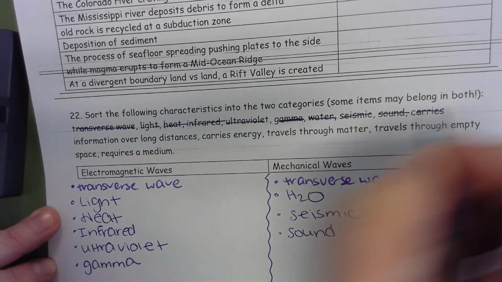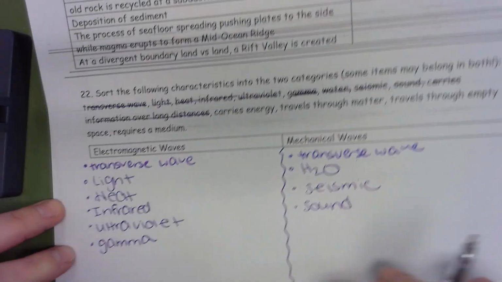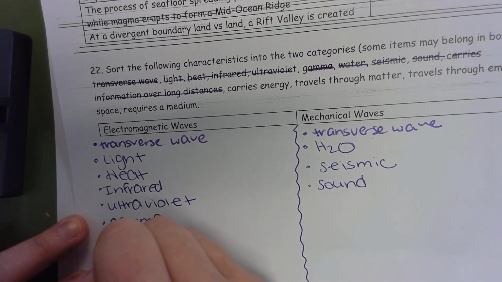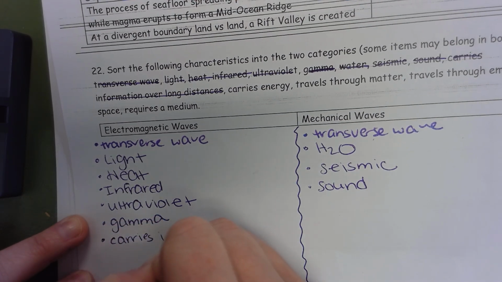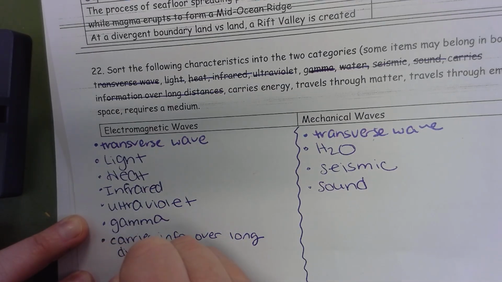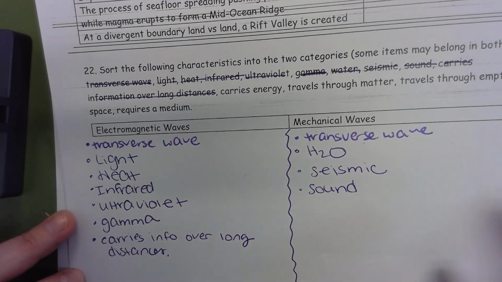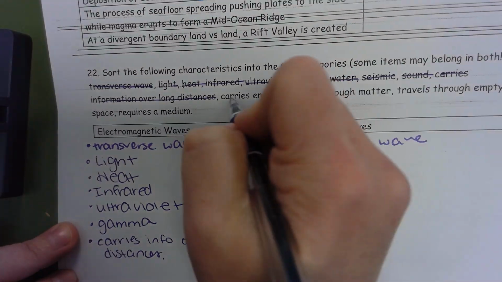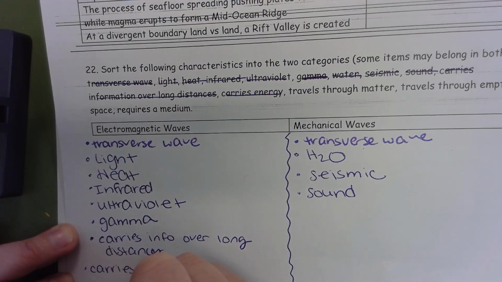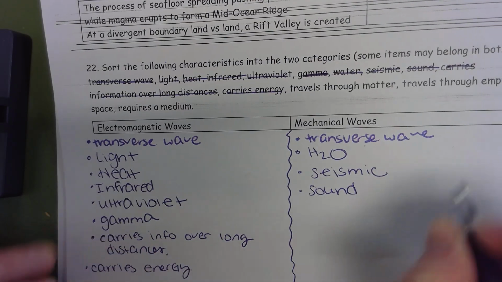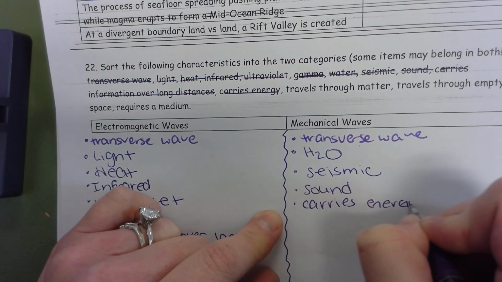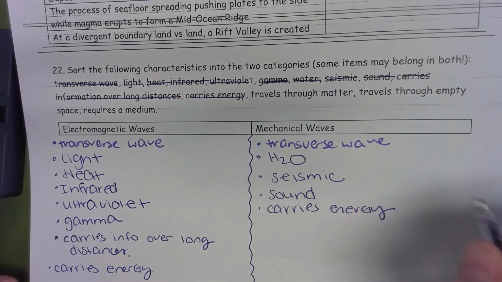Carries information over long distances. That has to be an electromagnetic wave because those are the ones we use for communication. Carries energy. That's going to be both types of waves. Travels through matter.